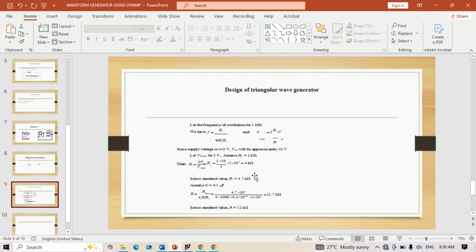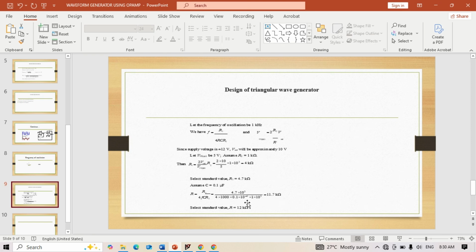So if we take R1 as 4.7K, and if we assume C equals 0.1 microfarad, because we selected a commercial capacitor, then if we substitute all the values, we find R equals 11.7 kilo ohms.